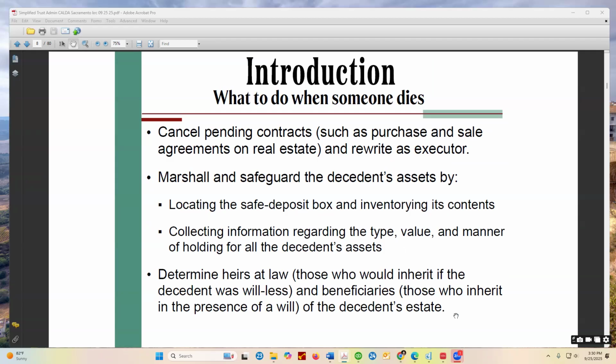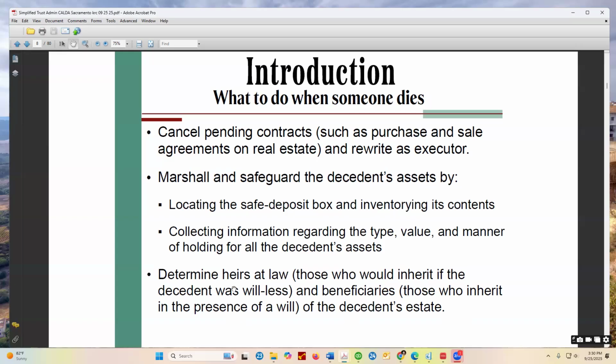Determine the heirs at law who would inherit if the decedent did not leave a will or trust. There's a chart that we use. It's called the table of consanguinity. Sangre is Spanish for blood, and it's very close to the Latin word. The bloodlines determine who would be potential heirs.